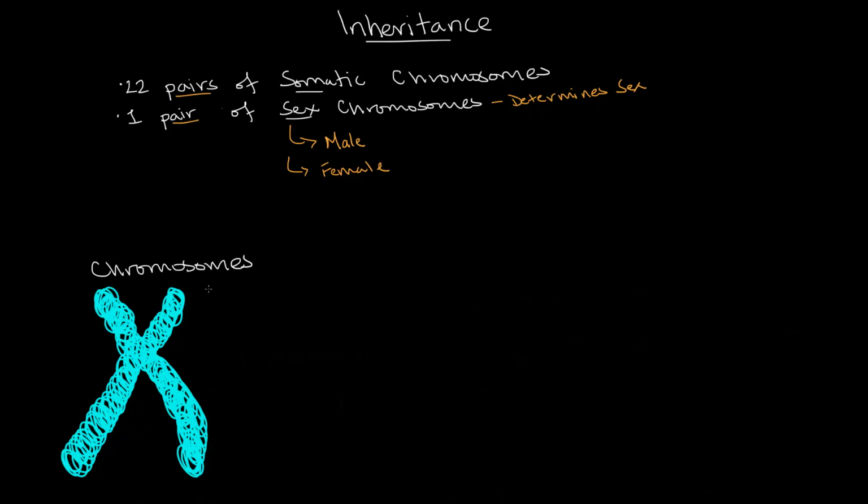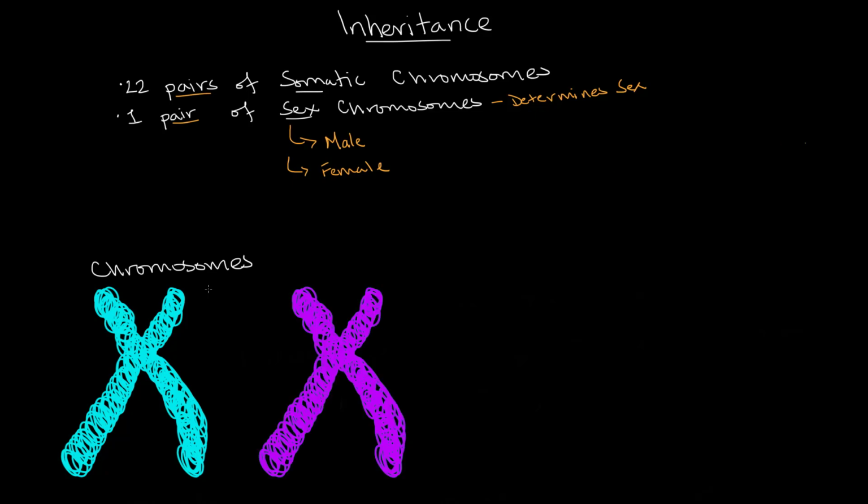The next thing I want to explain is why we talk about chromosomes in pairs. The reason your chromosomes exist in pairs is because you get one chromosome from your mother and one chromosome from your father. So if we say that this chromosome on the left is from the father, and this chromosome on the right is from your mother, these would be a single pair.